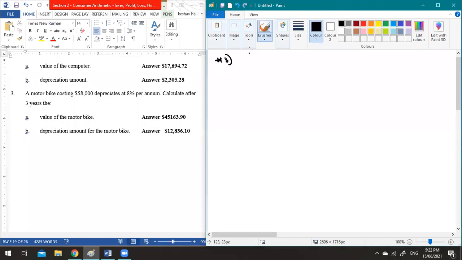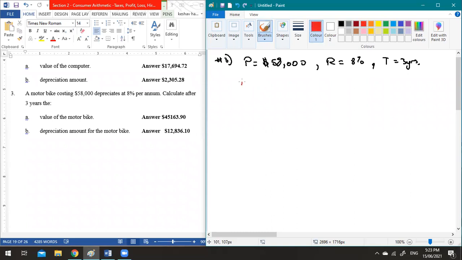So example 3, a motorbike costing $58,000 depreciates at 8% per annum. Calculate after 3 years the value of the motorbike and the depreciated amount. Right, so the principal amount is $58,000, the rate of depreciation is 8%, and the time is 3 years.